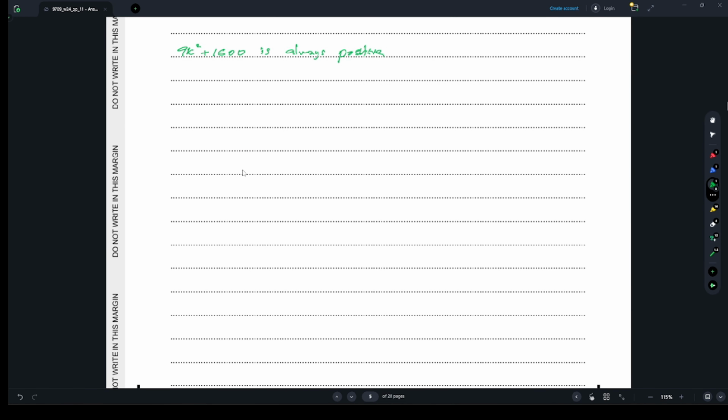Therefore, the curve and the line intersect for all real values of k. Okay, so this is the answer.